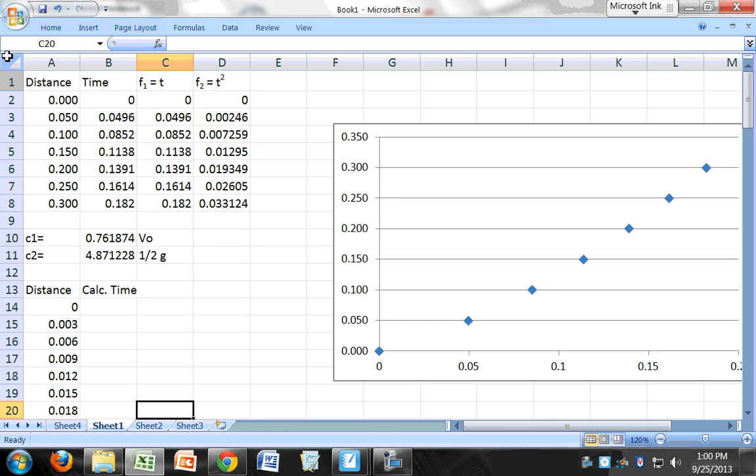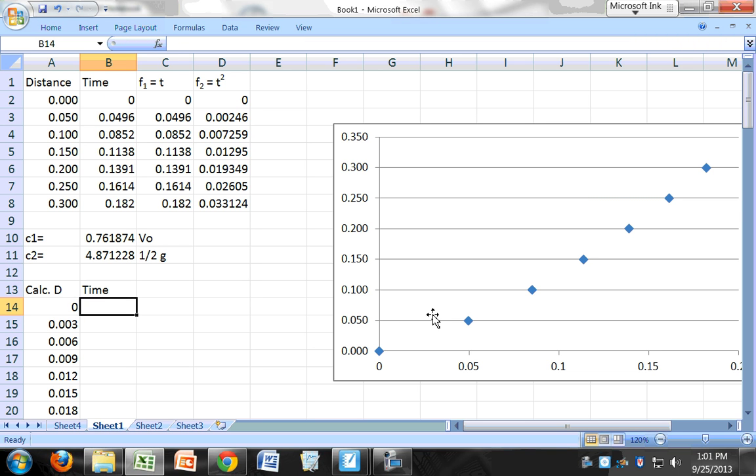Yeah, but I do have distance in terms of the t's, right? So what I'll just do is I'll set up my time, and then I calculate the distance instead. Okay, so my time, sorry about that, and calculate my distance.